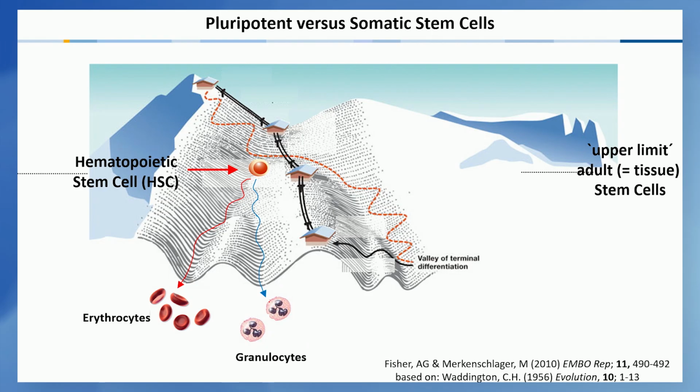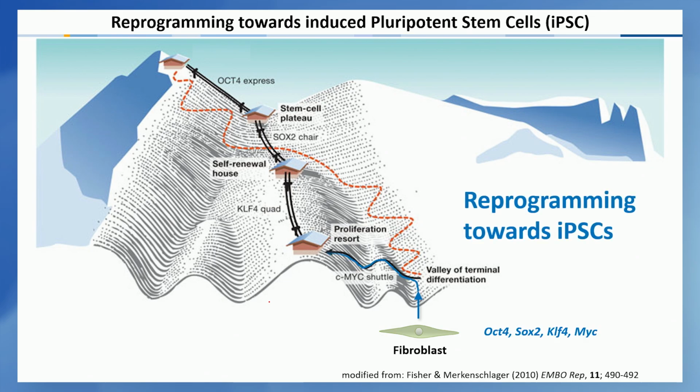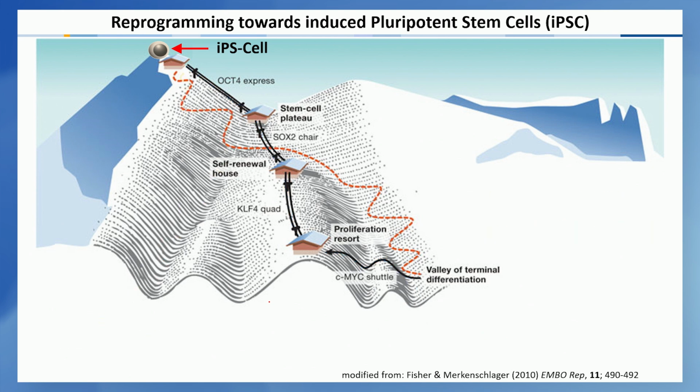If you look into a different valley on the same hillside, you would have a neural stem cell, which can only differentiate towards neurons, terminally differentiated. So if you want a pluripotent cell, you would have to go all the way up the hill. And that's what they did. They were able to reprogram fibroblasts, which go all the way up the hill, and there could either decide to go down the one valley or the other valley to become neurons. And that's what they showed.